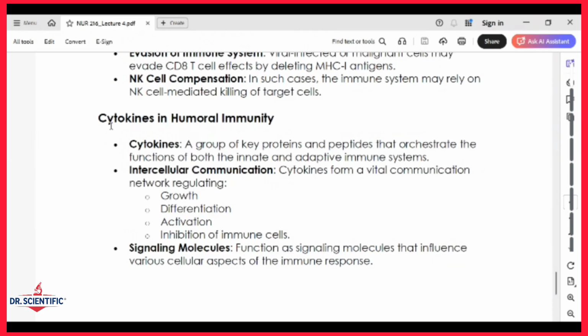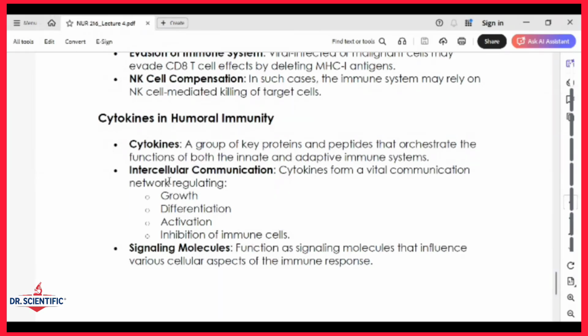Cytokines play a key role, of course, in humoral immunity. We've seen that interferon gamma plays a key role especially in cell differentiation and proliferation. We've seen that IL-4 and IL-10 play a key role in ensuring that class switching is happening. They would be important in growth, in differentiation, in activation, as well as inhibition of immune cells.